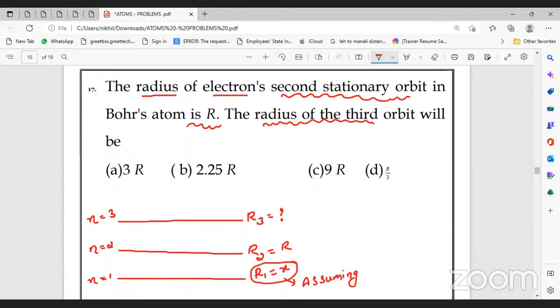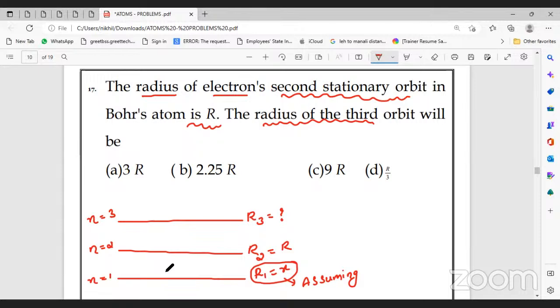Because I don't have any formula to write the radius of the third orbit in terms of R2. But if you know the radius of the first orbit, you can find the radius of the second orbit and the third orbit in terms of R1.